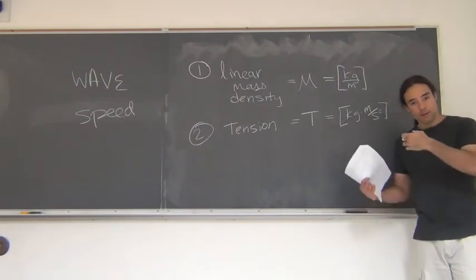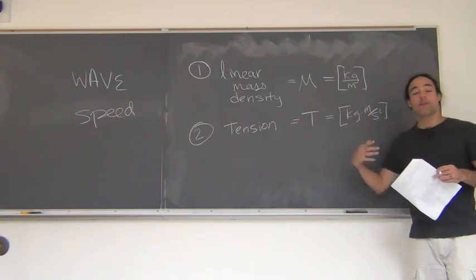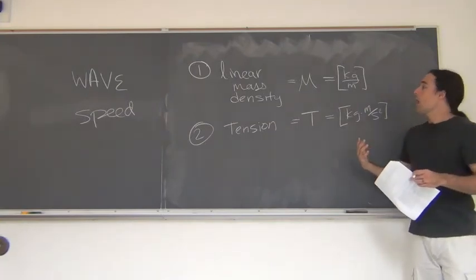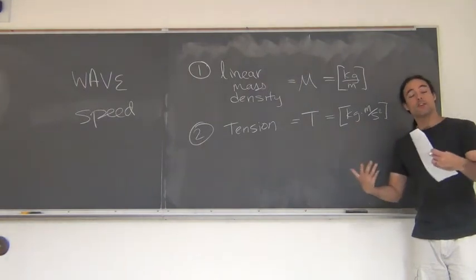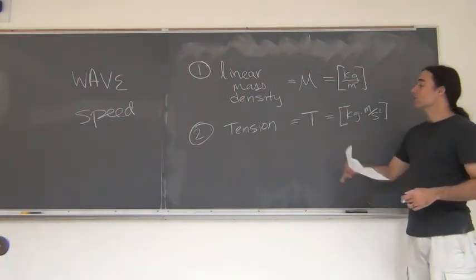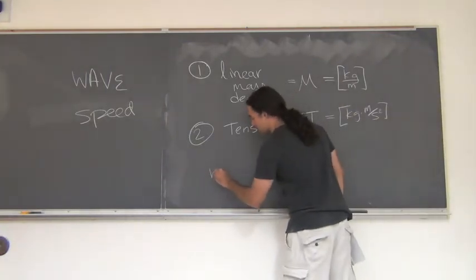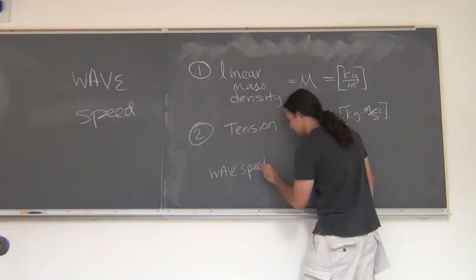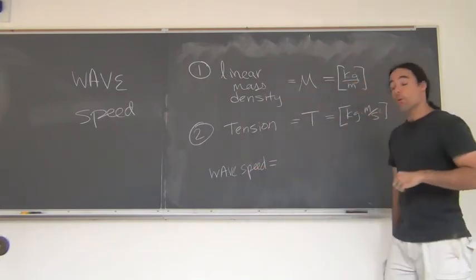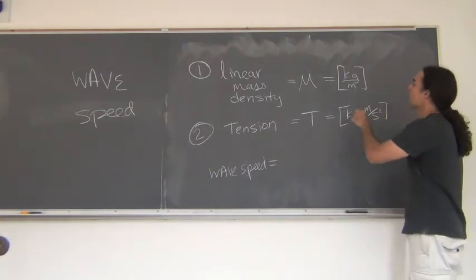Now, maybe the wave speed depends on more than these things. Maybe it depends on more than the medium and the restoring force. But let's see if we can get an equation that just uses these two things. So I want wave speed equals. Now to get wave speed, I need something that's going to have units of meters per second.